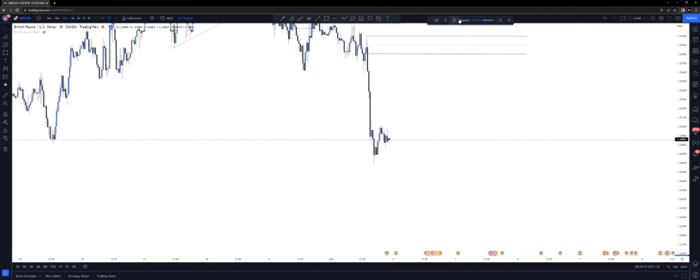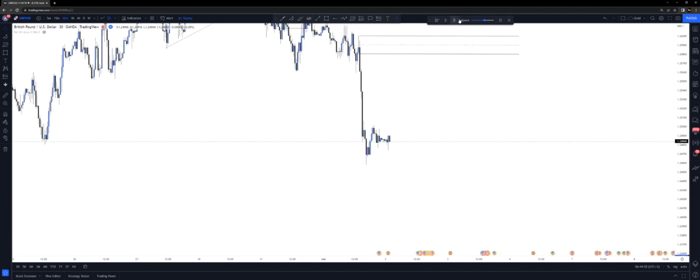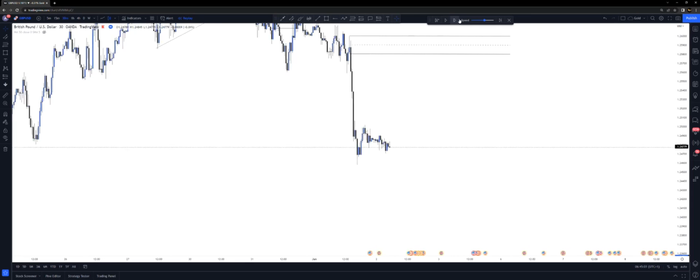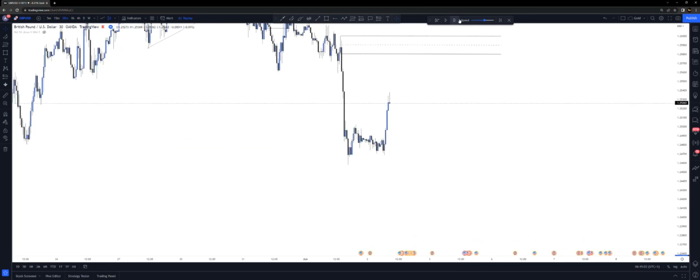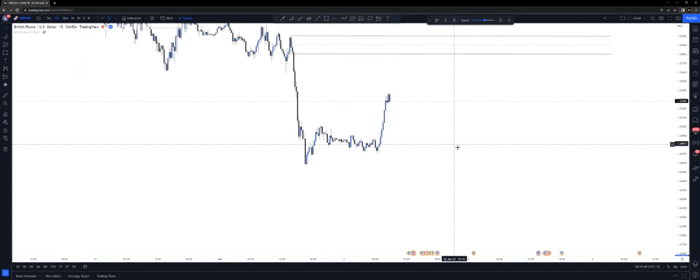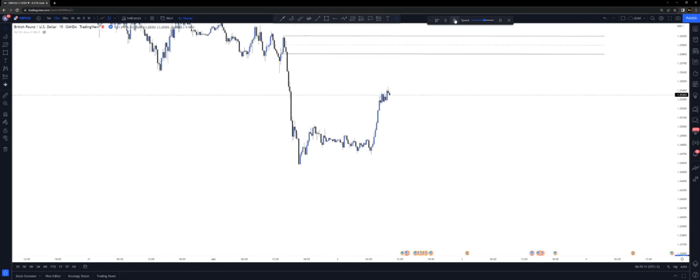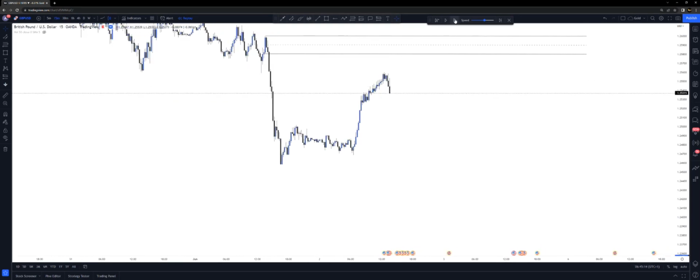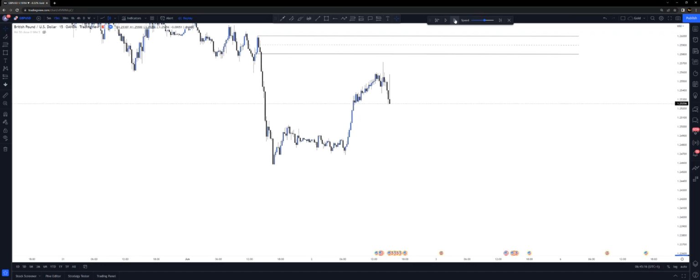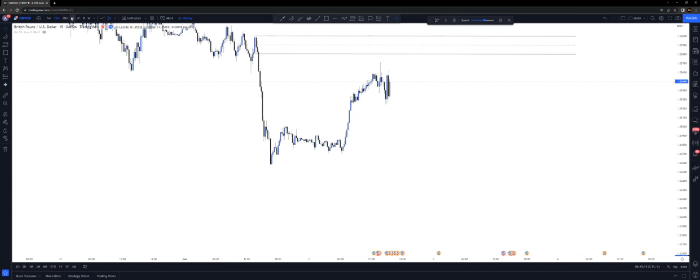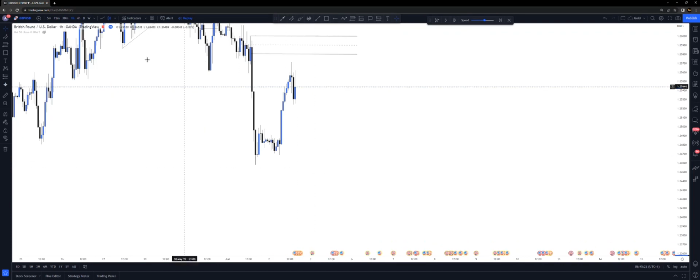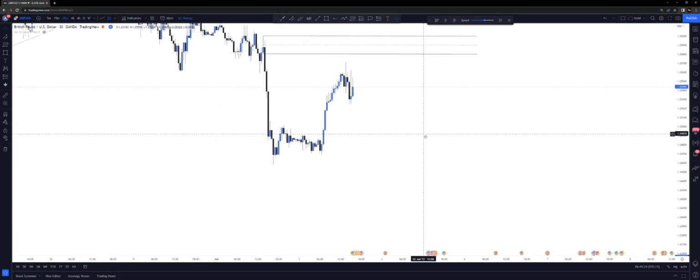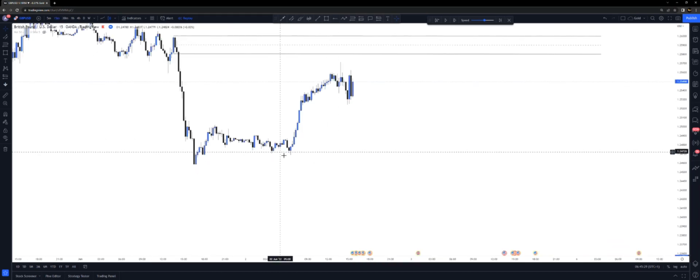This level. And now yes, perfect. We spot an order block right here at this level on the 15 minutes. So marking this down.